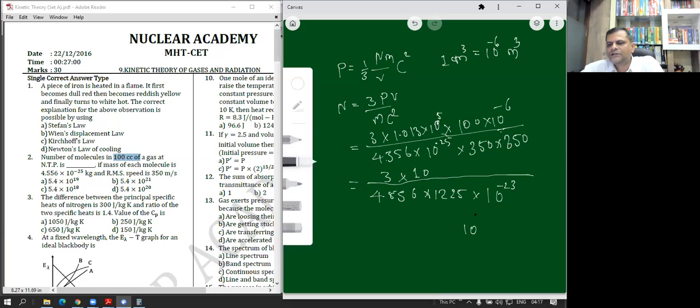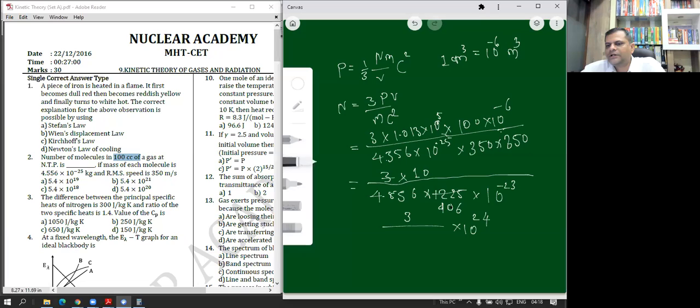So this 10 raised to 24 is going to come, but what about this fraction here? So this becomes 3 upon 4.5 into 1225. How much is 4 times 1225? So do this, reduce it directly. 3 1s are 3, 4 2s are 8, and 0, and 3 6s are 18.